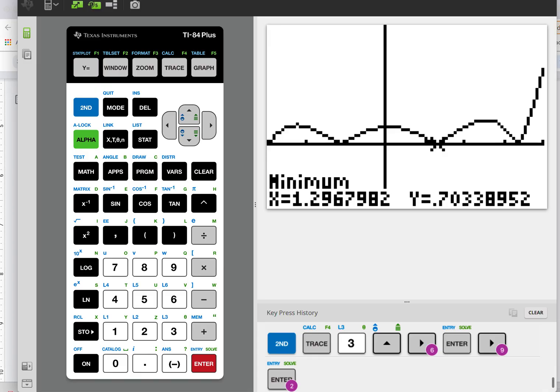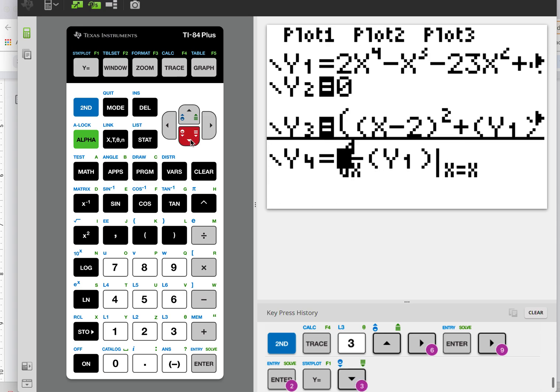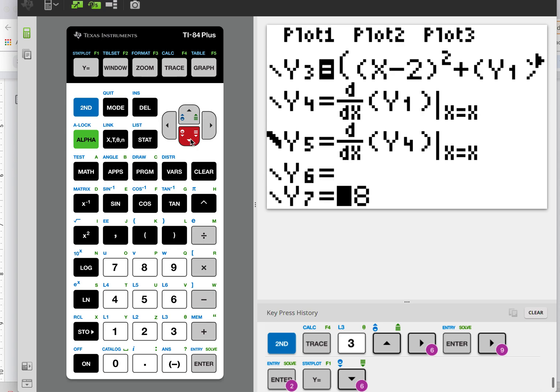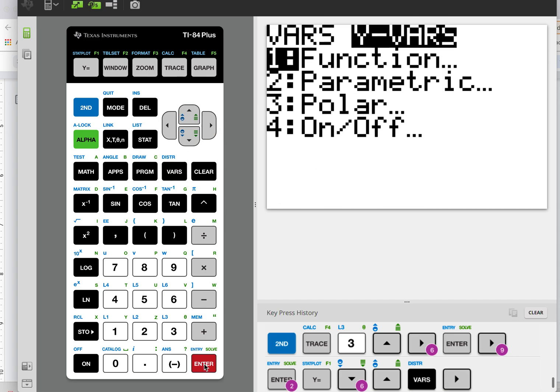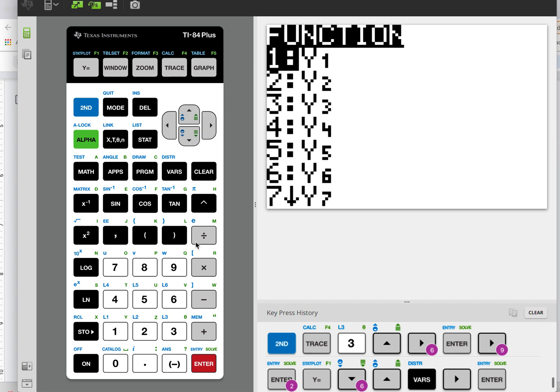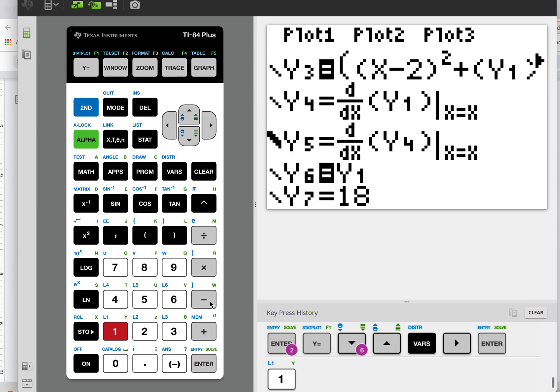So if I go to the calculator and go to y equals, and I'm going to go way down here. I'll go to 6, and I'm going to type in vars over to y vars, and then choose option number 1, and then I'm just going to do minus 100.